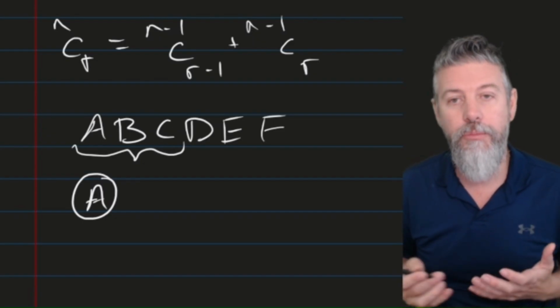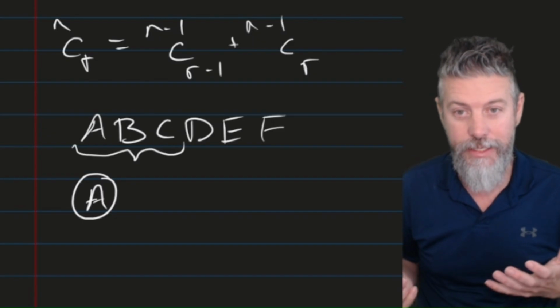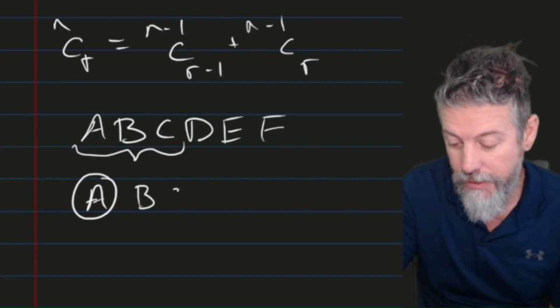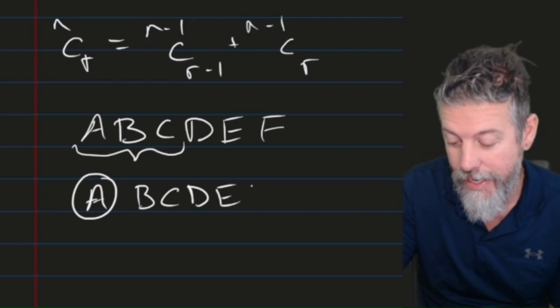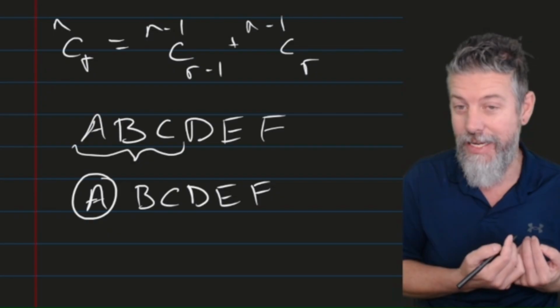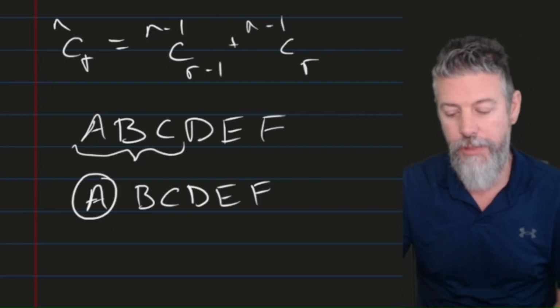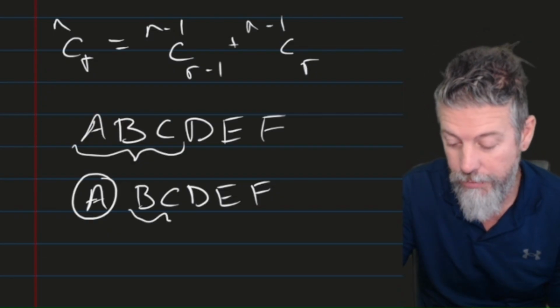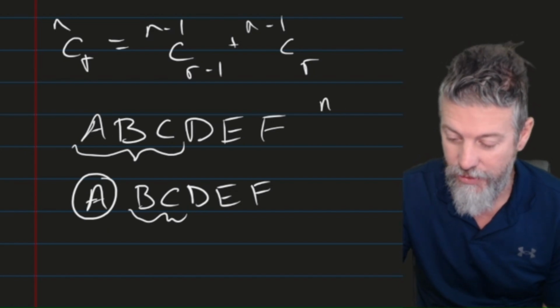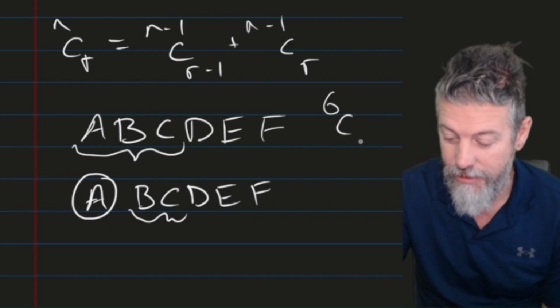Then the number of combinations that we can make with A in the team is from the people that are left. The people that are left are B, C, D, E, and F. And we're picking 3 in our team, but we've already picked A, so we've only got 2 people left to pick. So we could pick a team of 2. Again, this first one was not nCr, it's 6C3.